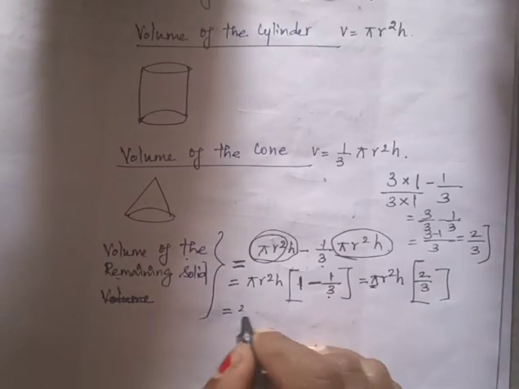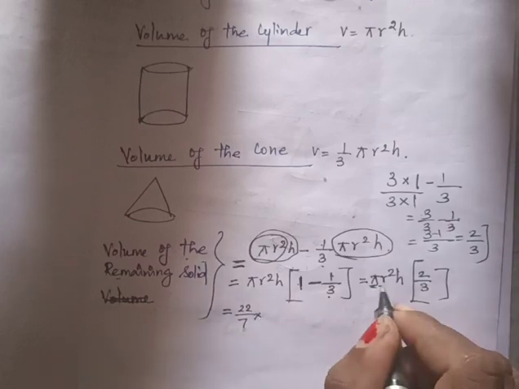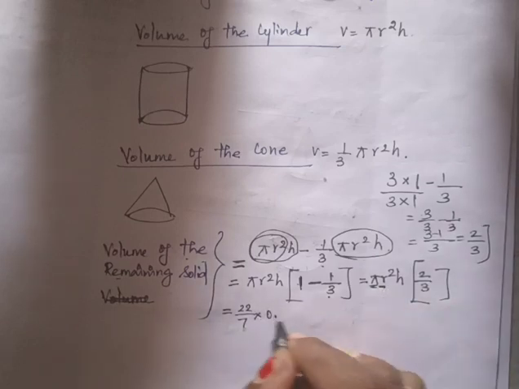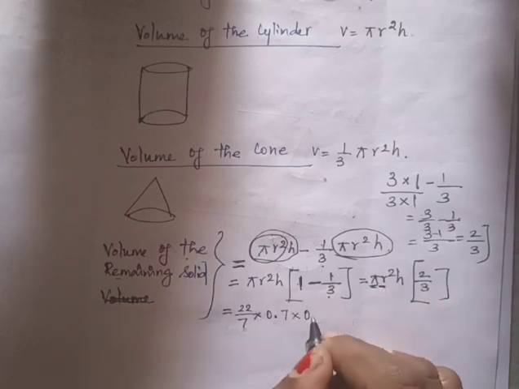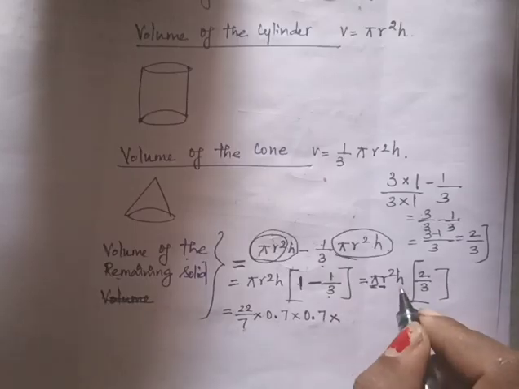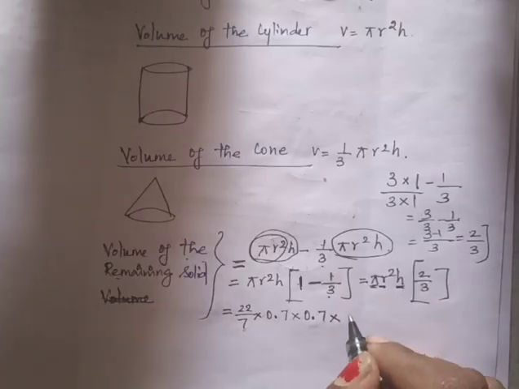Pi value 22 divided by 7. R value 0.7 into 0.7. Height 2.4.